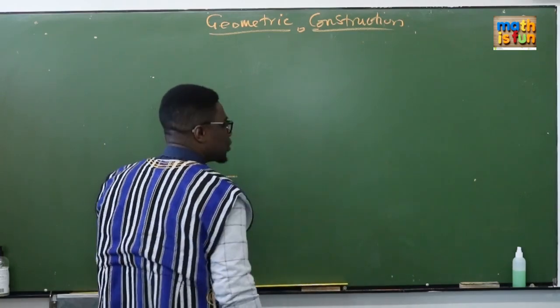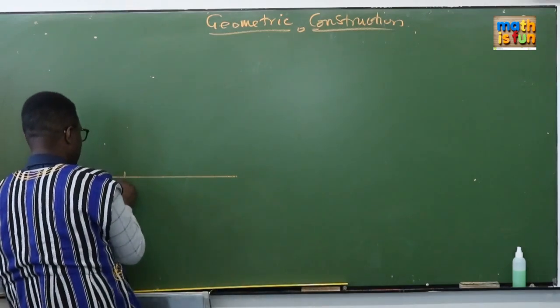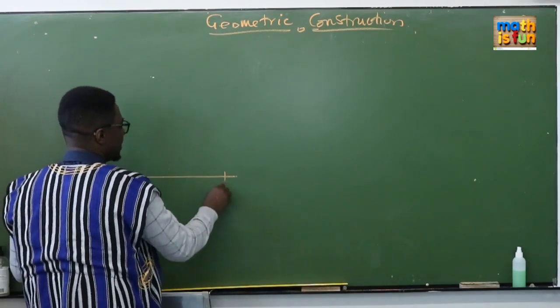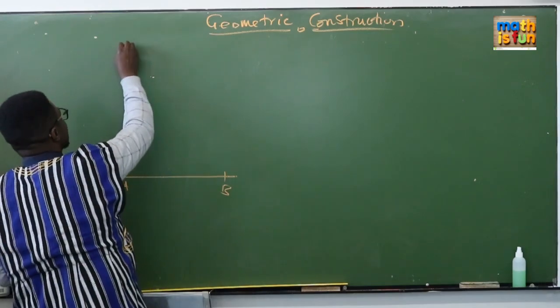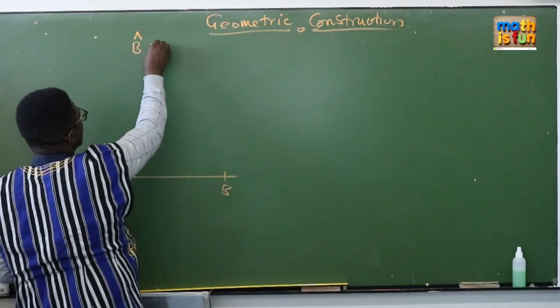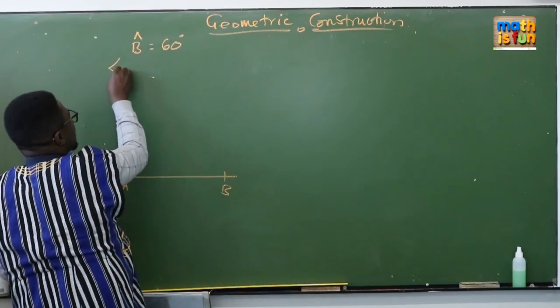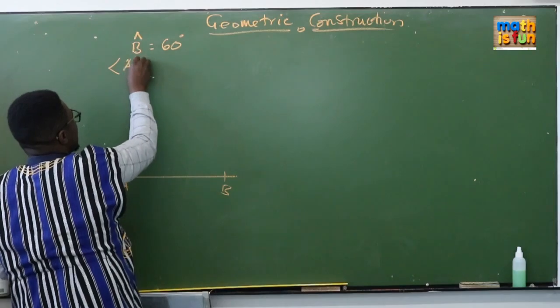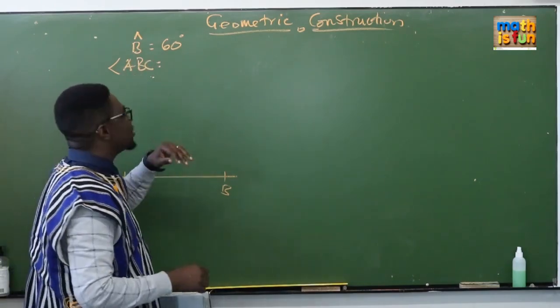Supposing that I'm giving points, let's say this is point A to point B, and I am giving the angle that, let angle B be 60 degrees, or we can also rewrite it as angle ABC. I believe we've gone through this in the classroom.